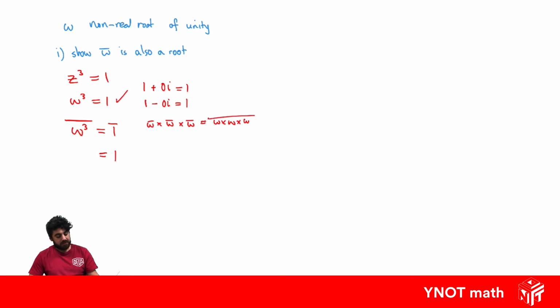So that means that the conjugate of w cubed is also equal to the conjugate of w, all cubed. And if that's the case, that also means that the conjugate of w satisfies the original equation. So therefore, the conjugate of w is also a root.